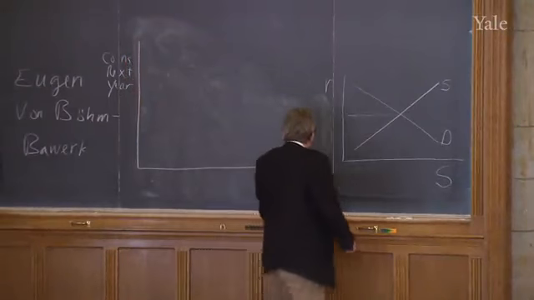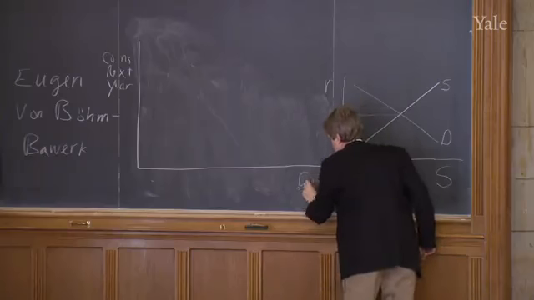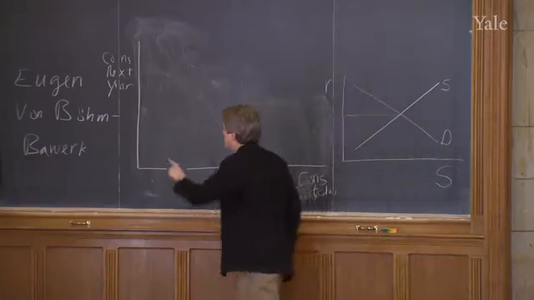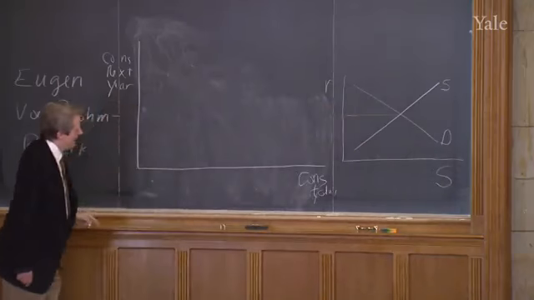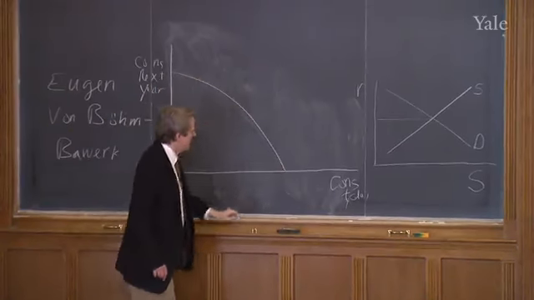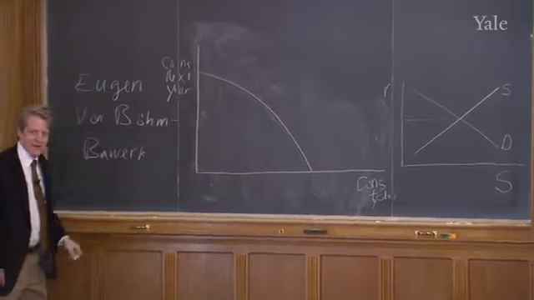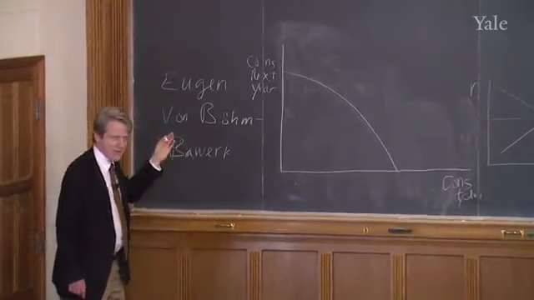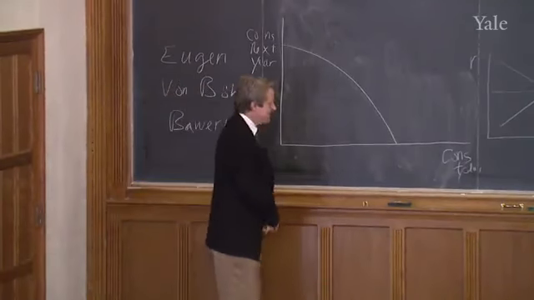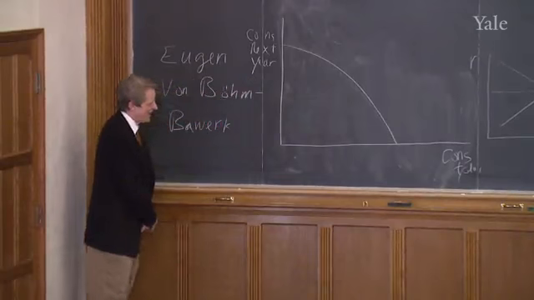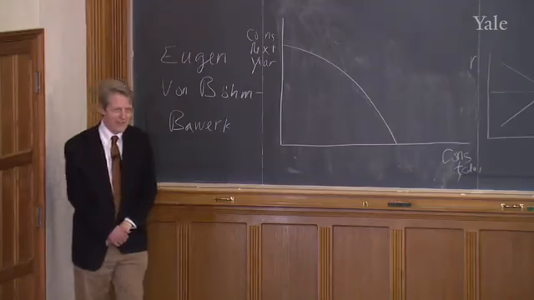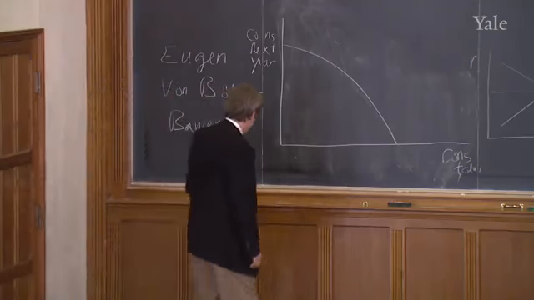So let me start out again. This is the same diagram, and we have consumption today and consumption next year again, and we have a production possibility frontier. That's the same curve that I drew before, and the technology is the same for both of them. Okay, and let's suppose they have the same endowment. But let's suppose that Crusoe A is very patient and Crusoe B is very impatient.